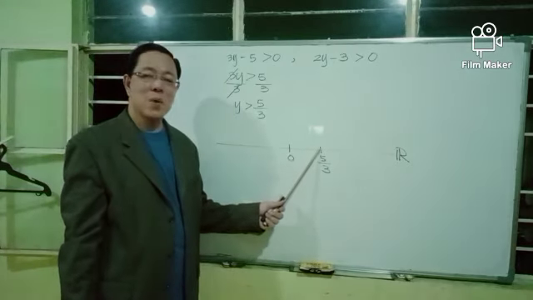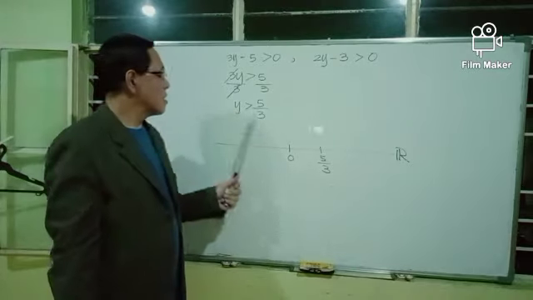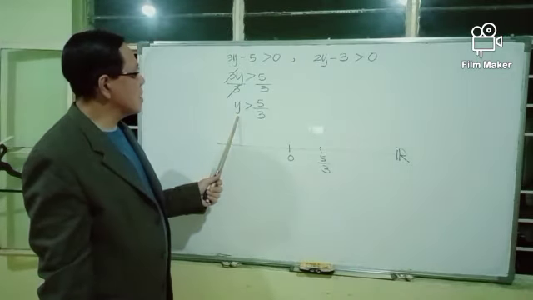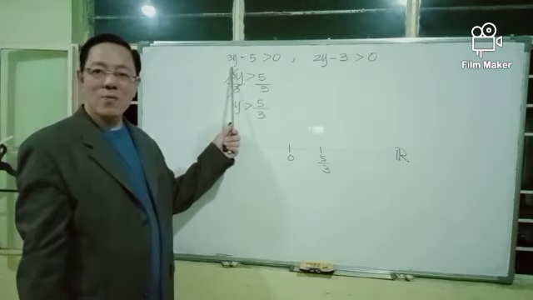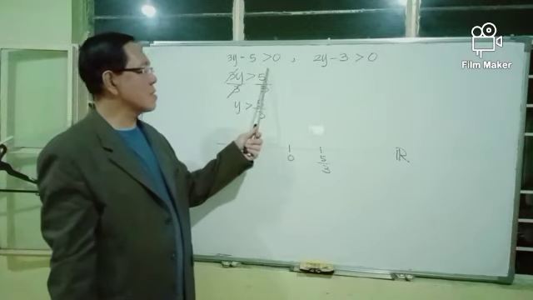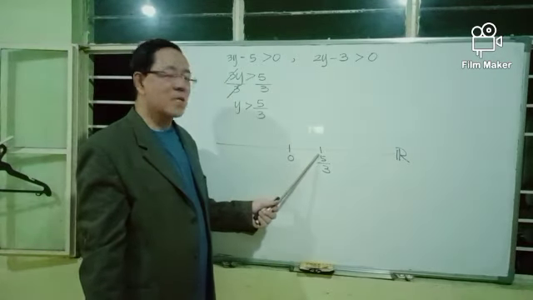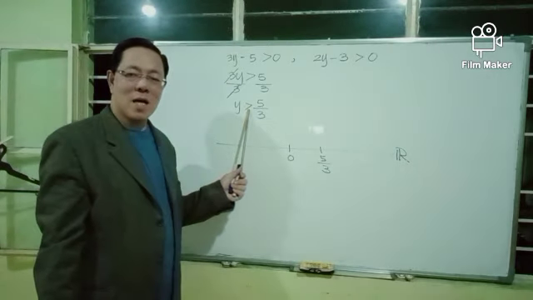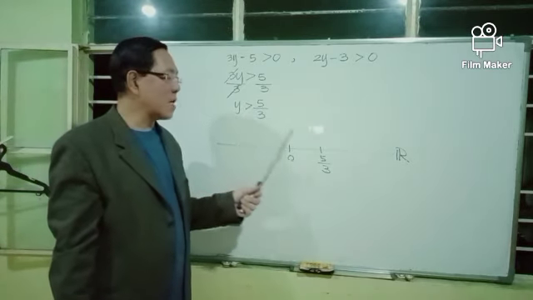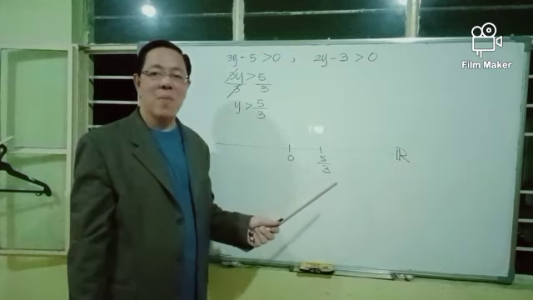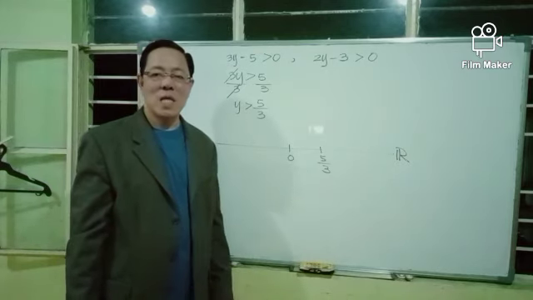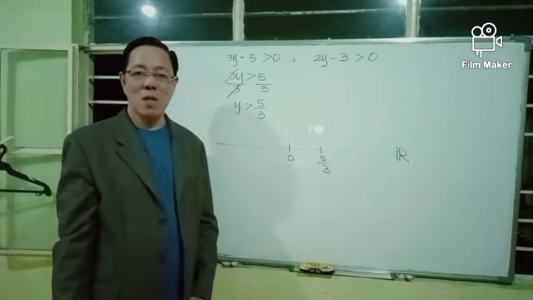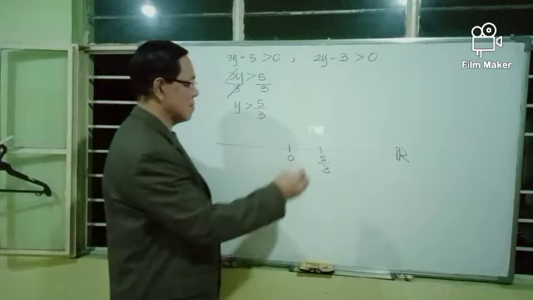And we label this point as 5 over 3. The solution of this linear inequality are the real numbers greater than 5 over 3. And because there is no equal sign here, it means that 5 over 3 is not part of the solution. And we indicate that by a small circle.